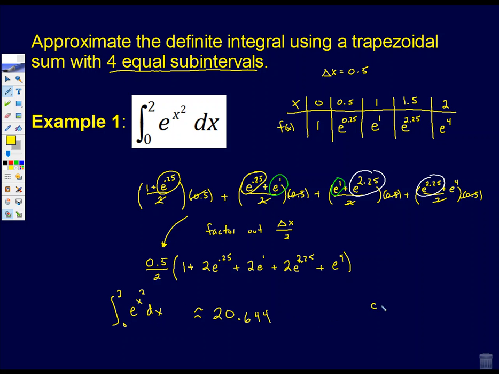And the calculator answer using the integration tool, I'm just going to write it in here too. It was 16.453. So again, the answer we got here is an approximation. We could have gotten it closer to 16 probably by using more subintervals.